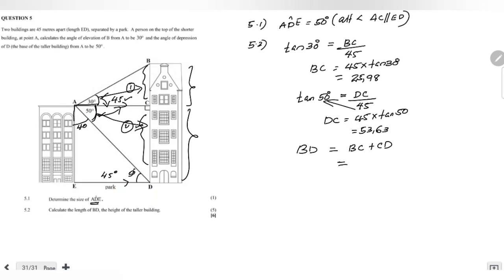So BC we already got, 25.98, plus DC is 53.63. When you add these two together, the answer is 79.61 meters. Is it clear now? So this is how we do this question. Well, let's go to the next.